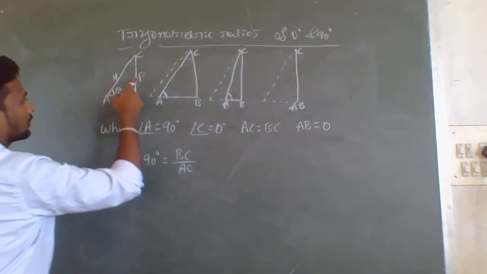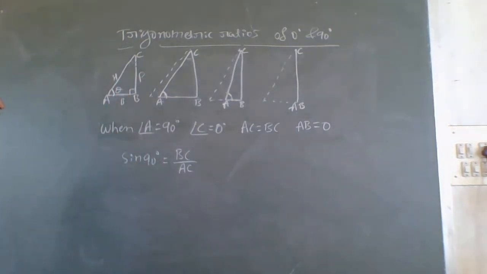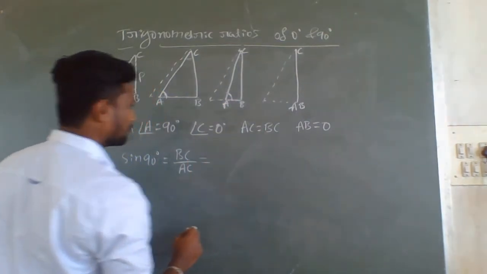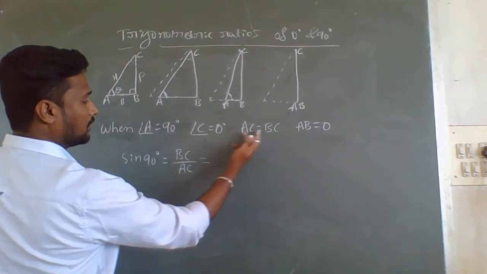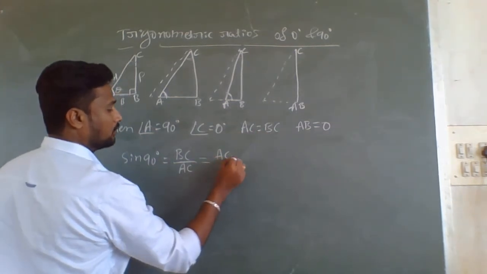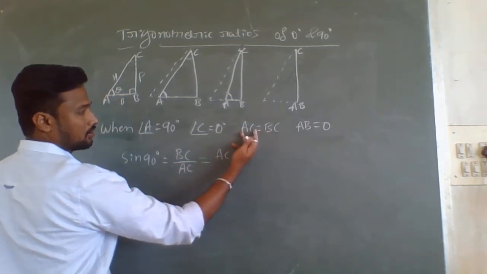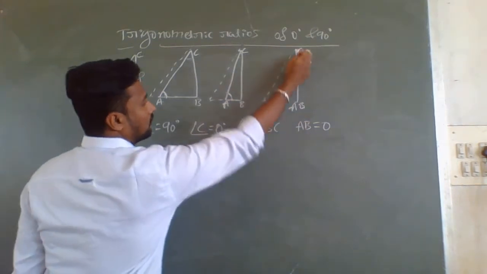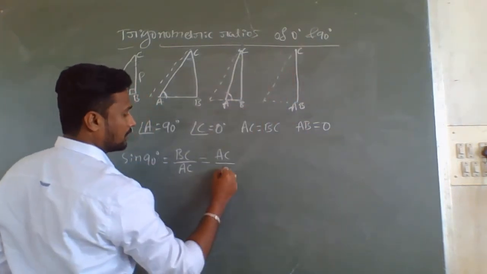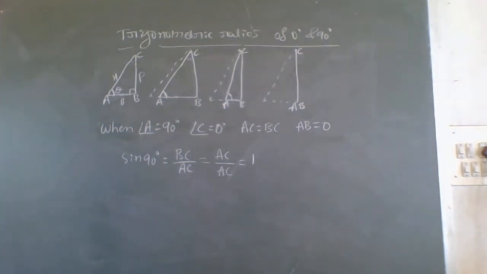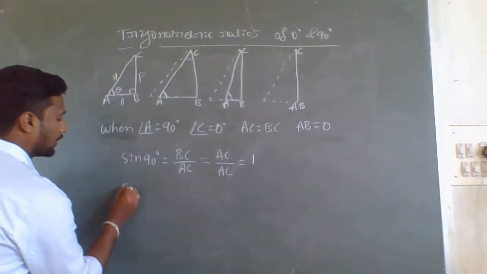Always sin theta equals perpendicular by hypotenuse, means BC by AC. What is the BC value? BC equals AC when angle A is 90 degree. So AC by AC, what will we get? 1.